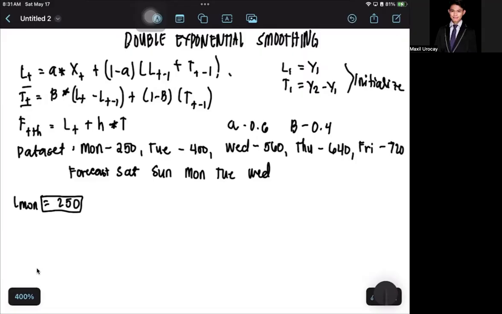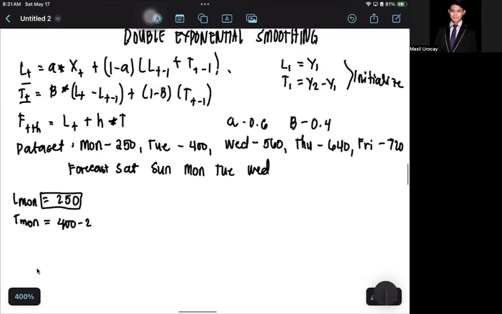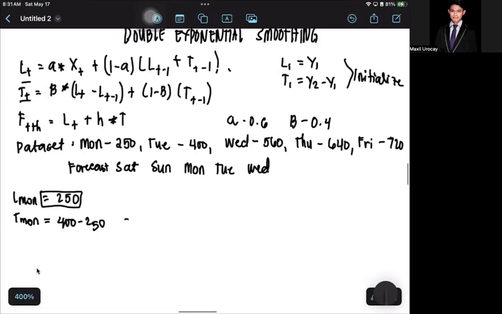And for the trend of the Monday, as mentioned, the trend will be y2 minus y1. Your y2 right now is 400, and your y1 is 250. So you will deduct 400 minus 250, that equates to 150.